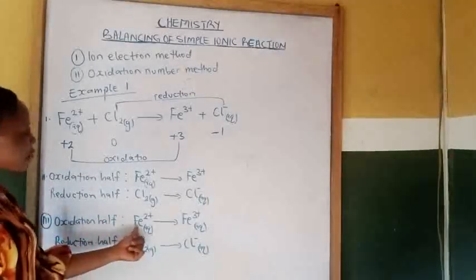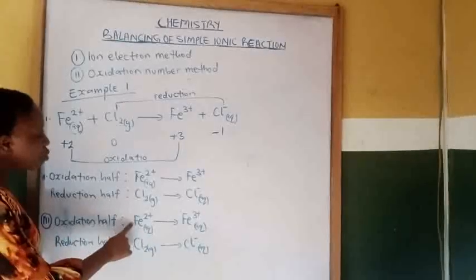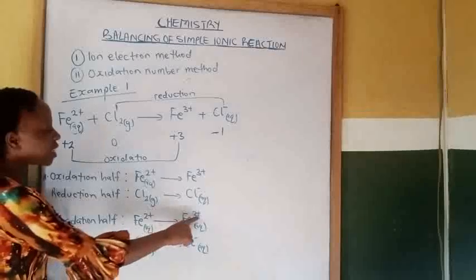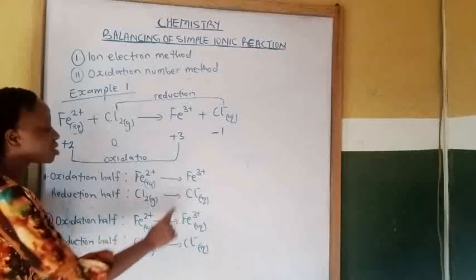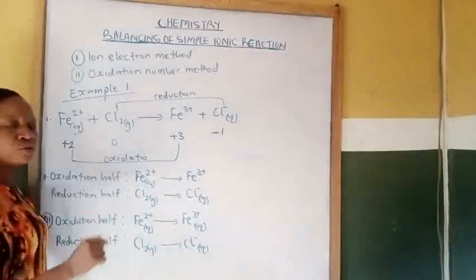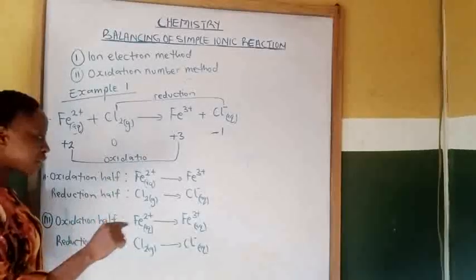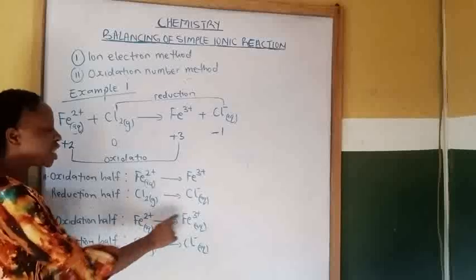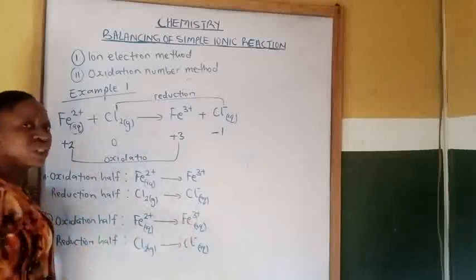Now from the first half reaction, we have 1 atom of iron, Fe. The charges do not have anything to do with the number of atoms. So when you are counting the number of atoms, we don't deal with the number of charges.